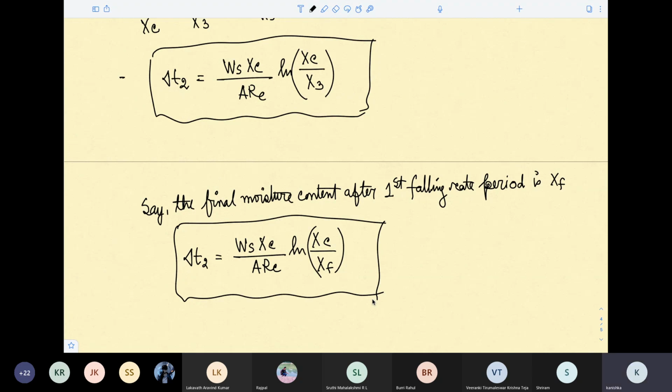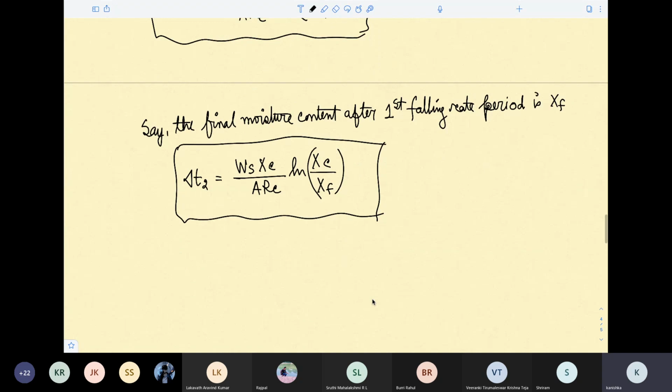Okay. So today up to this. If you want to express in terms of thickness, the same thing. So delta T2, let's say this is the time required for the falling rate period TF, just I am mentioning, equals 2 delta rho S XC by RC ln XC by XF.